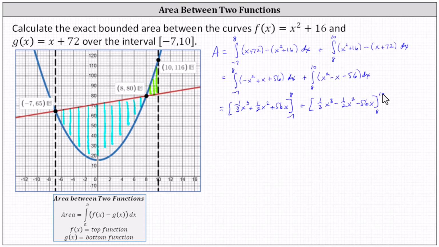And now we can determine big F of 8 minus big F of -7 plus big F of 10 minus big F of 8. So first we substitute 8 for x in the first antiderivative. And then minus big F of -7. So now we substitute -7 for x.